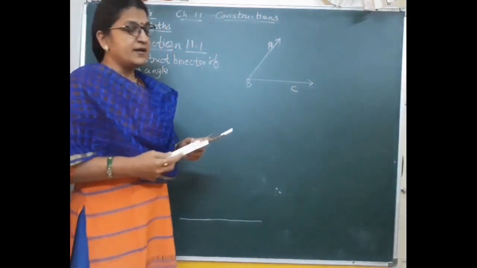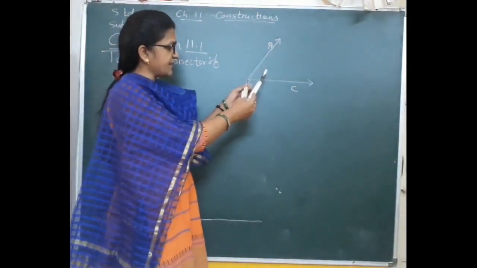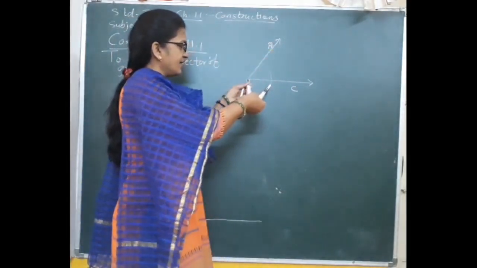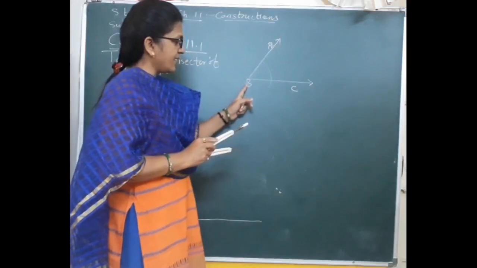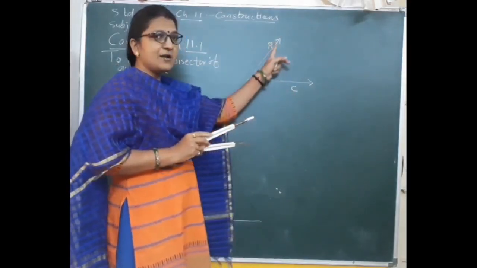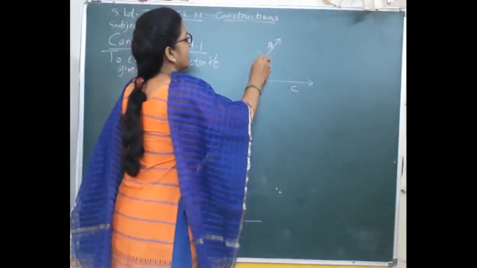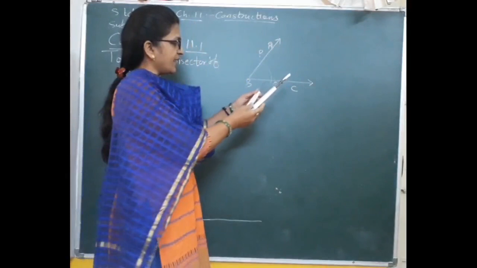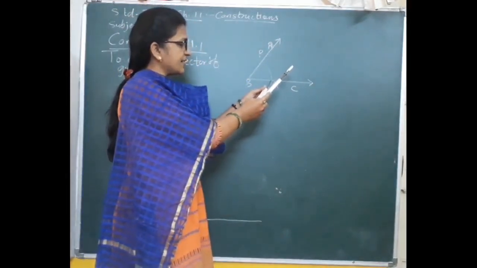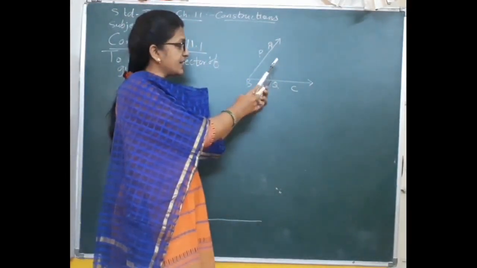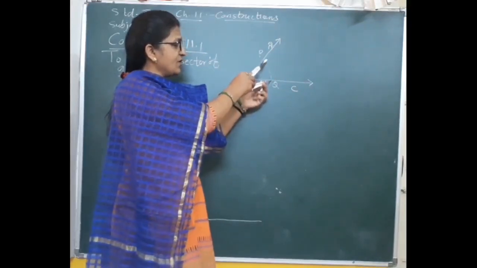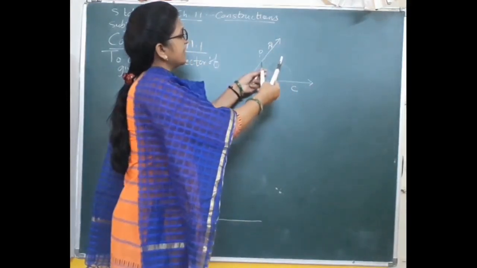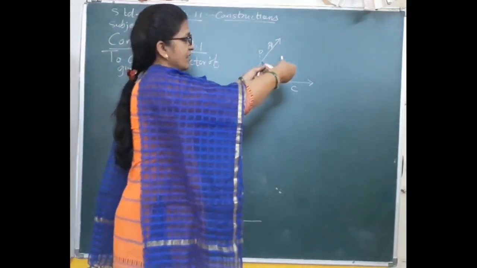Now first step is take B at the center and with any radius draw arcs which will intersect BC and BA at points P and Q. Now again Q at the center and a radius more than half of PQ, draw arcs. Again P at the center and the same radius, draw an arc.